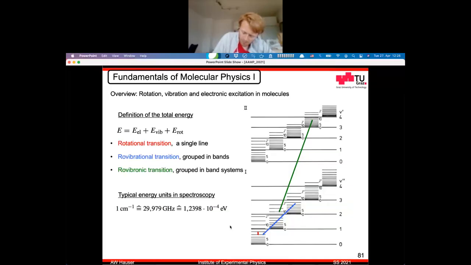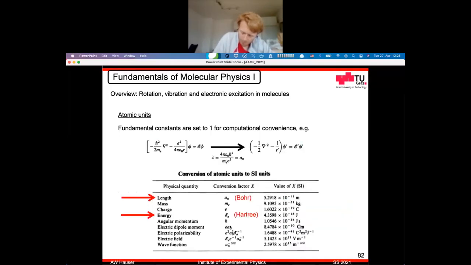And today, when talking about the electronic excitation, we will introduce a couple of simplifications in how we handle this on paper if we work our way through the quantum mechanics part of this problem.